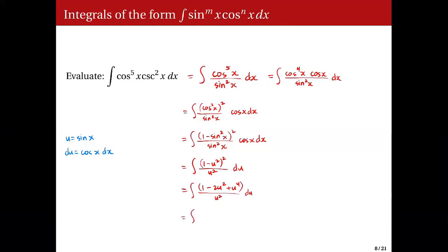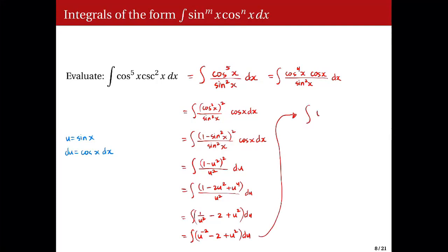Or we can write this as 1 over u squared minus 2 plus u squared quantity du. Or further, let's just write this as u raised to negative 2 minus 2 plus u squared du. And now we are ready to integrate.